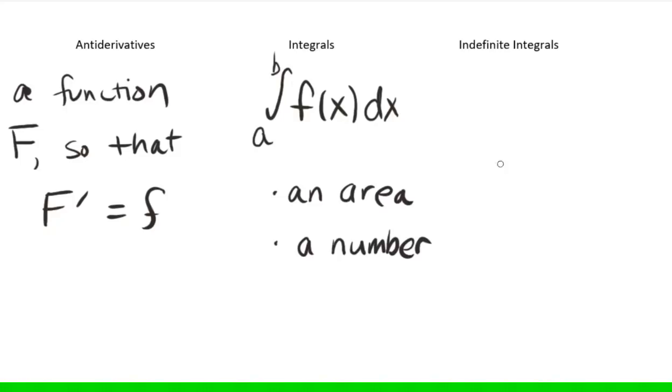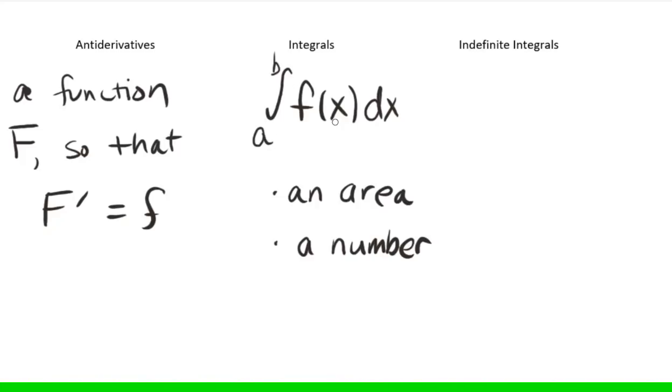Then what is this indefinite integral? It's really just a nice way of writing down this whole family of functions, capital F, whose derivatives are all the function little f that we are interested in. So if we took the definite integral of those families of functions, then we would get an area.